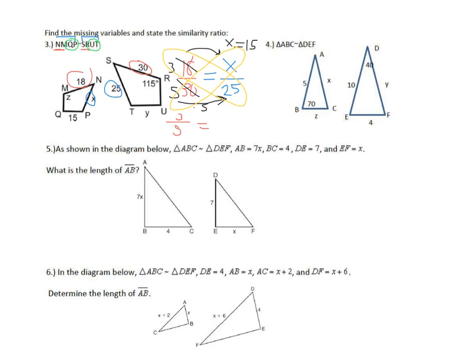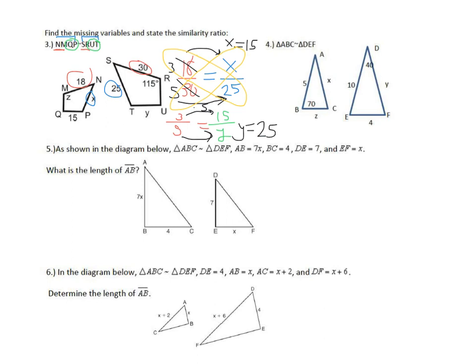And then that's going to match up with QP, which is 15 over our y. And then again, this one's pretty easy. I can see that I'm just going to multiply by 5 to get from 3 to 15. So I'm going to multiply by 5 to get from 5 to y. So 5 times 5, and I'm going to get that y is 25.